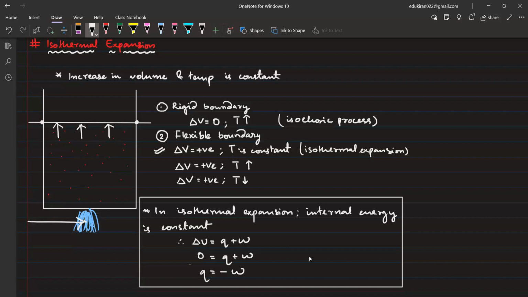Harsha, anything? Yes, sir. Anything that comes to your mind? How will you measure the heat given by the burner? कितना heat मिल रहा है burner से?